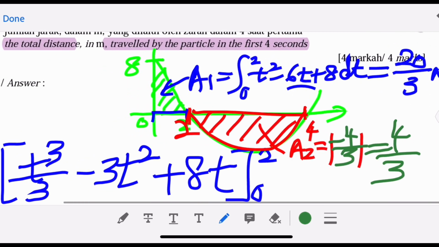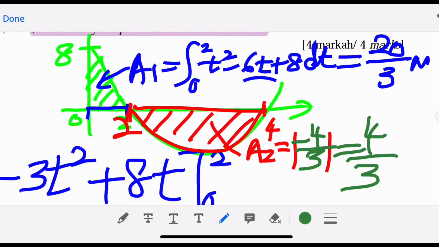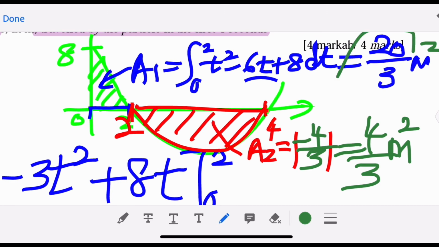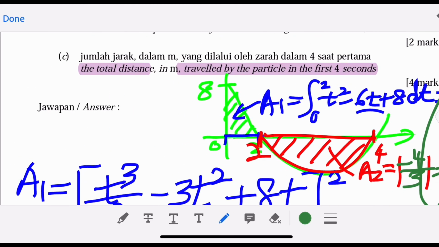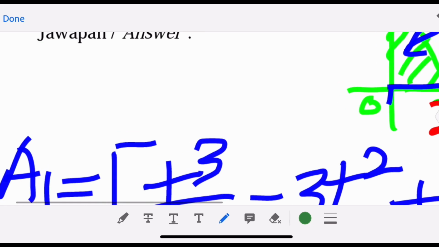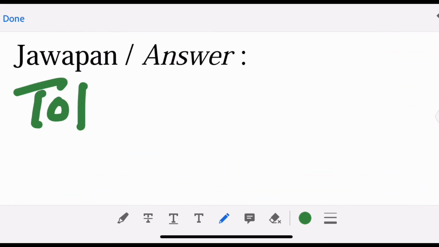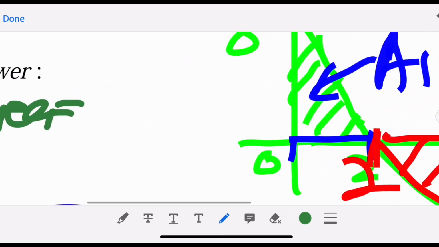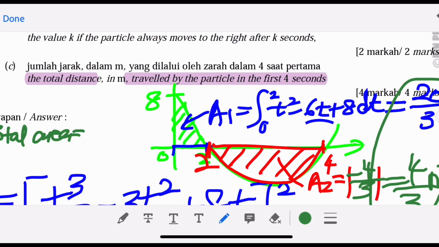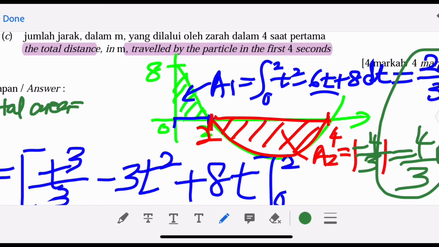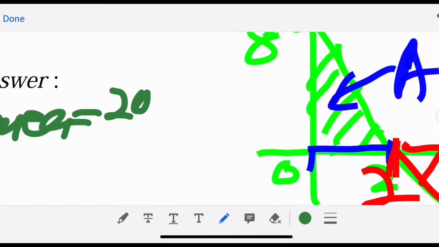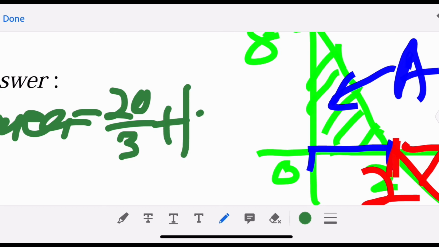So the total area is A1 plus A2. Total area is 20 over 3 plus the modulus of negative 4 over 3.